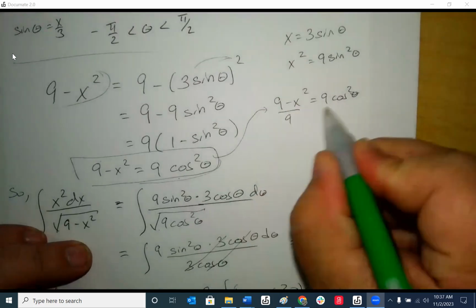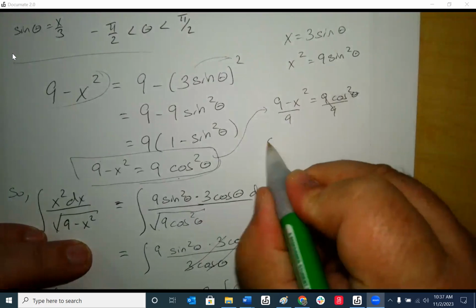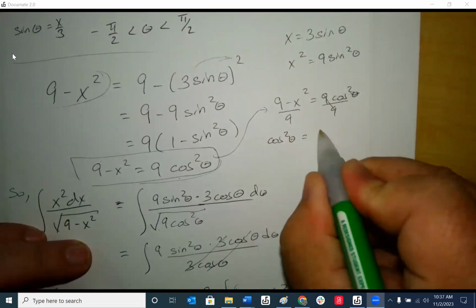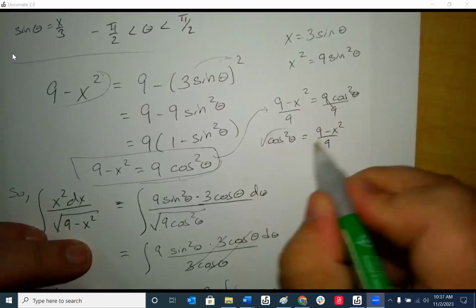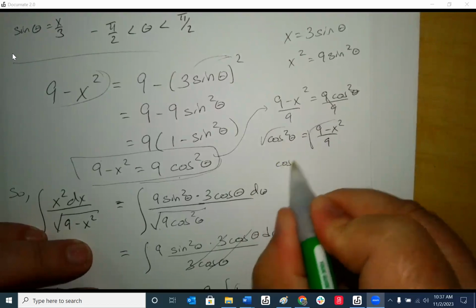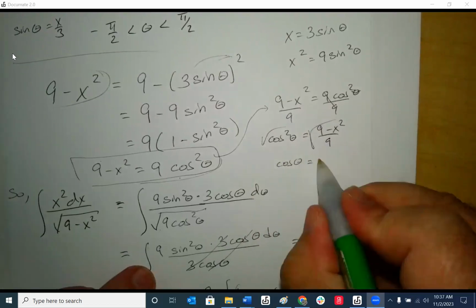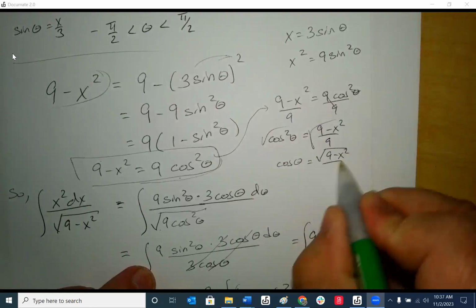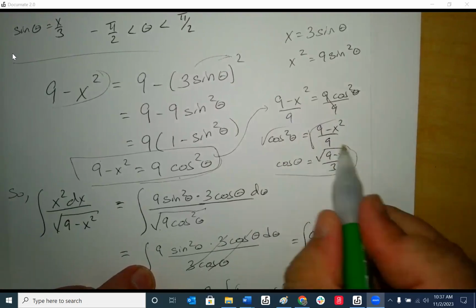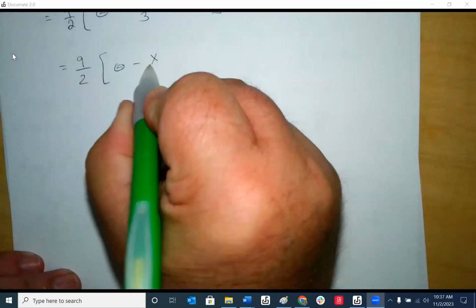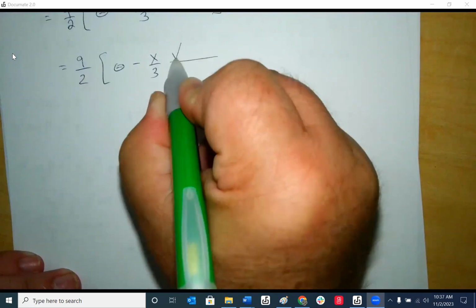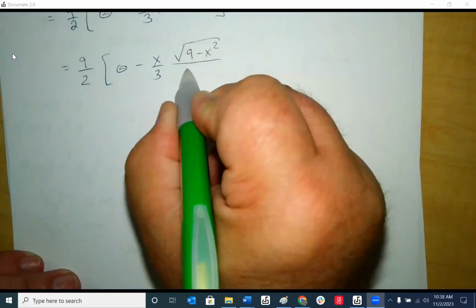Divide by 9. So cosine squared theta is 9 minus x squared over 9, square root. Cosine is the square root of 9 minus x squared over 3. That's what cosine is. So in place of cosine, we have x over 3, square root of 9 minus x squared over 3.